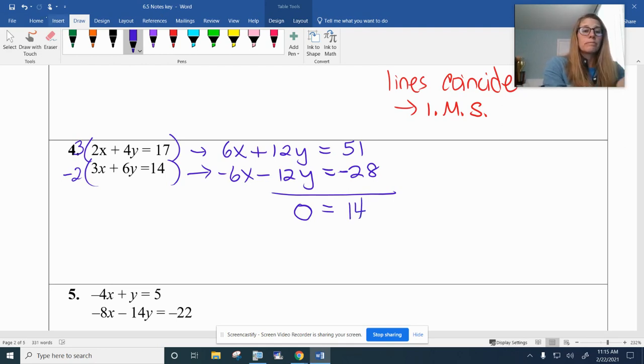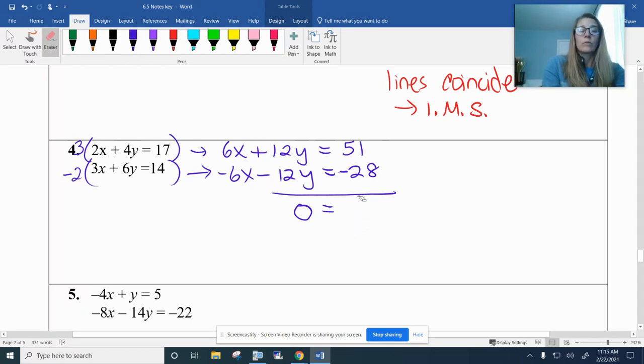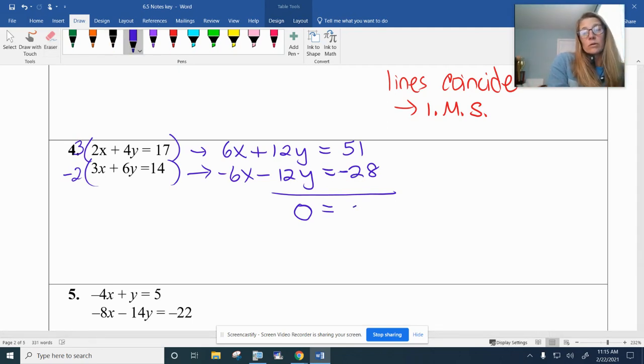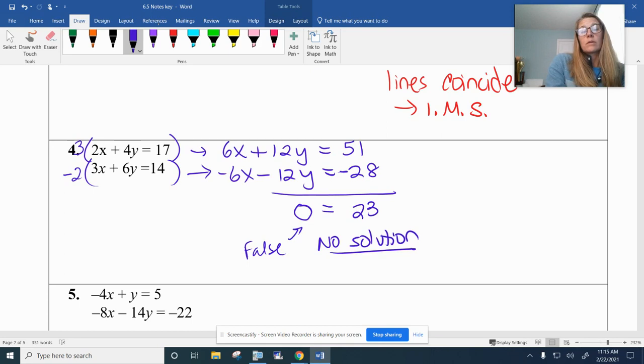No, 13. So this tells me this is a false statement, so there is no solution because that is false. 0 does not equal 23, so no solution.